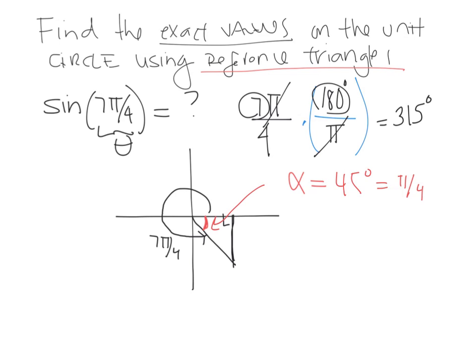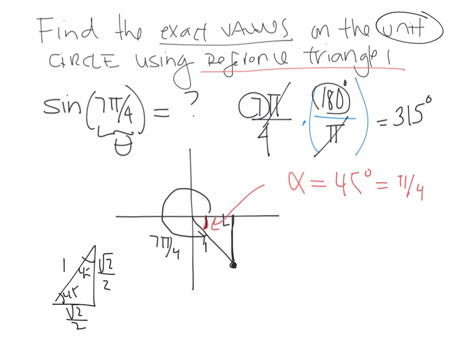And the reason I want you to know that that's pi over 4 is because whenever you have a 45-degree angle, you know we're in the unit circle, so our radius is 1. And so we know from our triangles, 45, 45, if the radius is 1, I know that my height and the base are exactly the same.